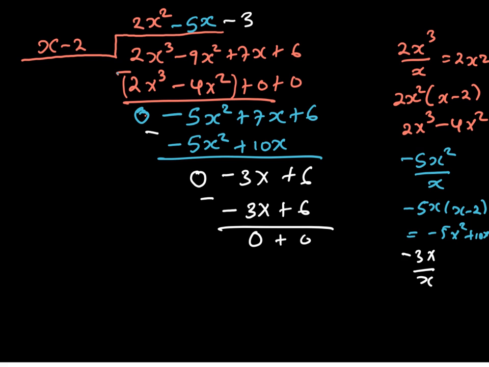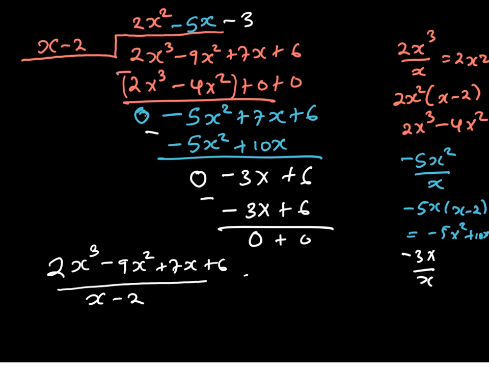First, erase my blackboard. Okay, so what does it mean? This means that my polynomial, which is 2x cubed minus 9x squared plus 7x plus 6, if I divide it by x minus 2, gives me 2x squared minus 5x minus 3, and the remainder is equal to 0.